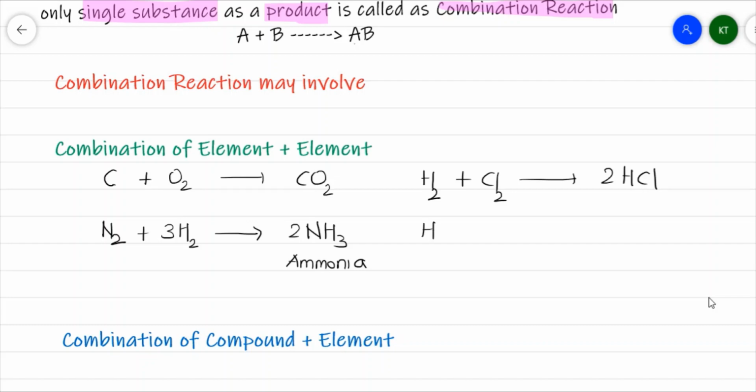Then hydrogen combines with oxygen to give me water as a single product. So in these cases, elements combine with each other to give a single product.